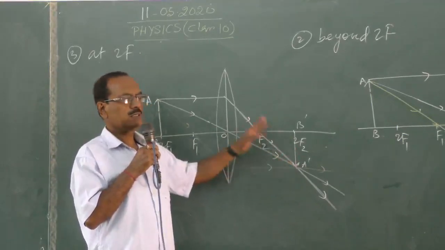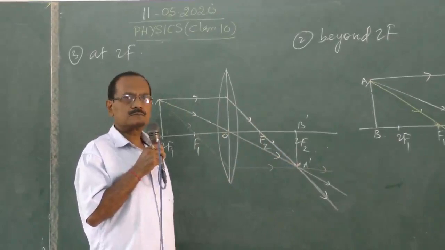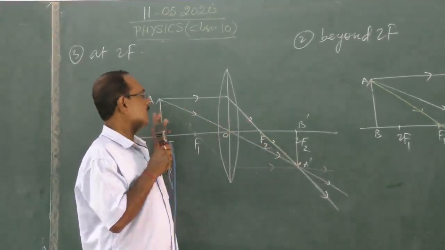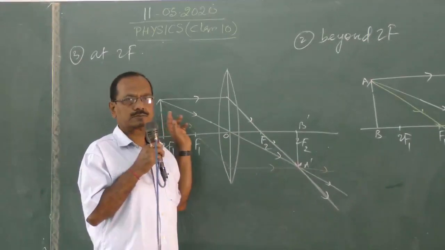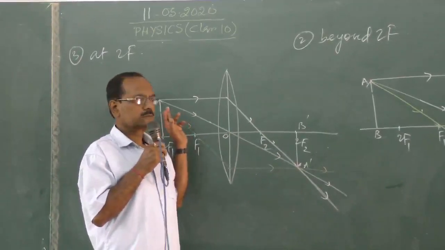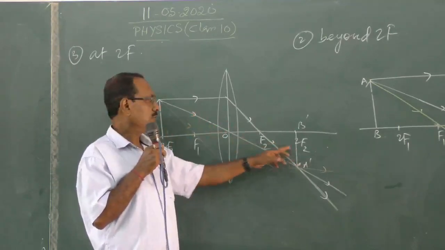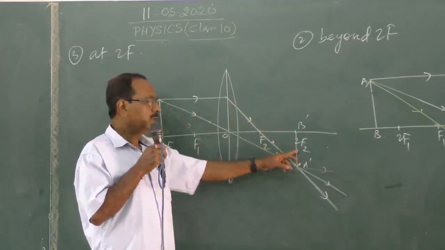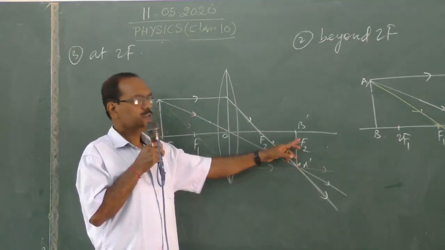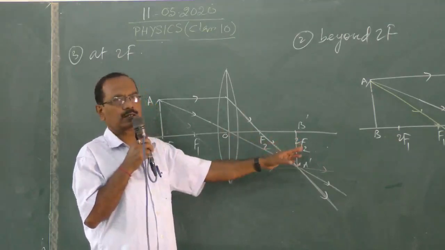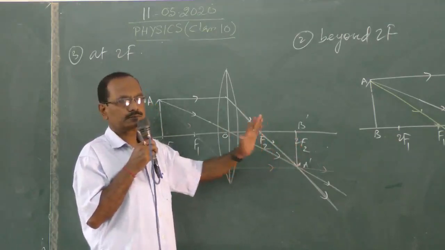Number 2, the image is inverted. The image is the same size as the object, same height, both will be equal, and the image will form at 2F2, at 2F on the other side of the lens.